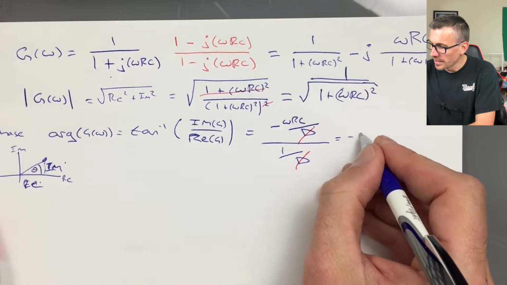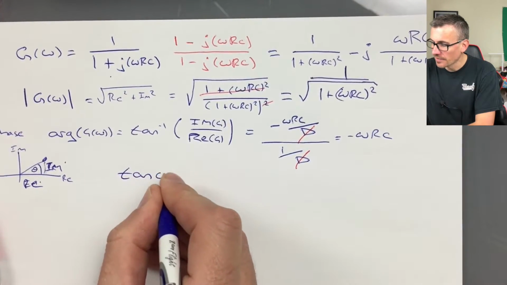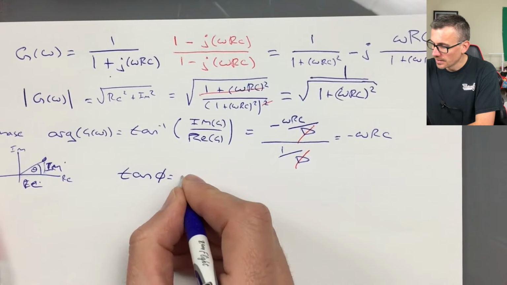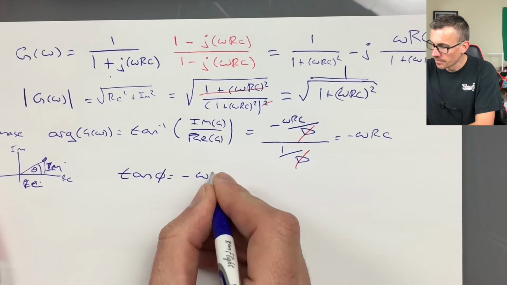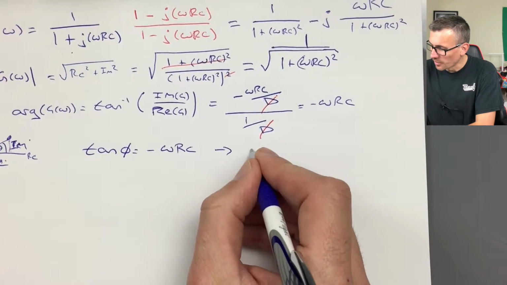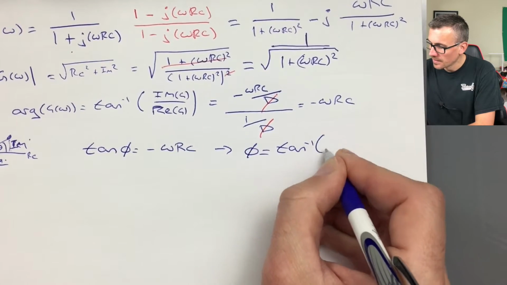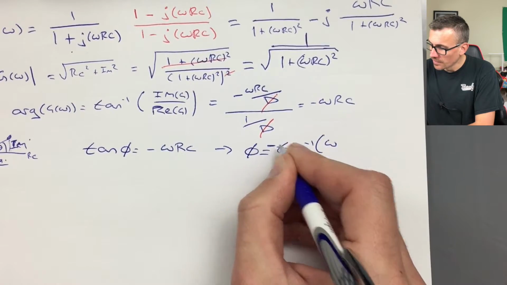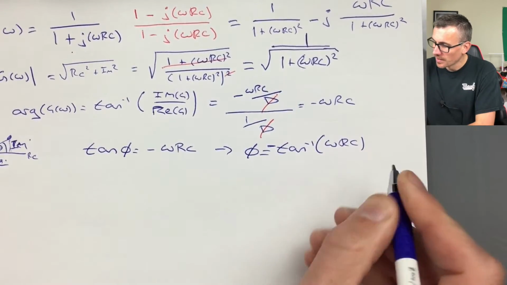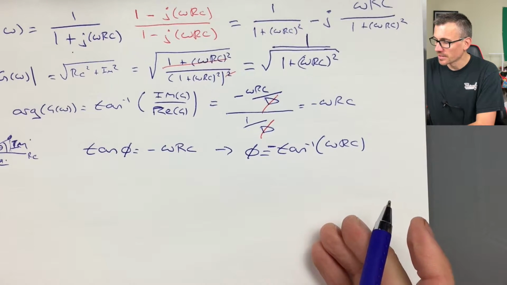So tan of the phase we get is negative omega RC. Or equivalently, the phase is equal to negative arctan of omega RC. Arctan of negative x is equal to negative arctan of x.